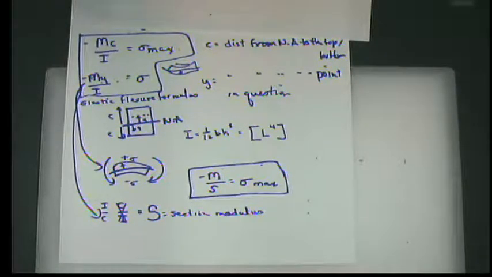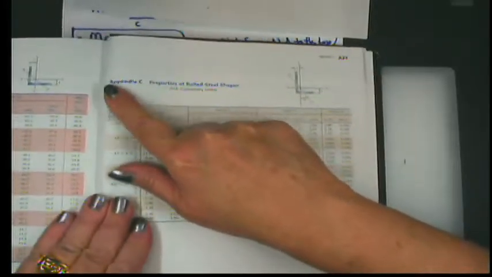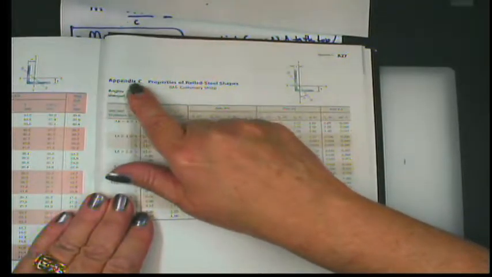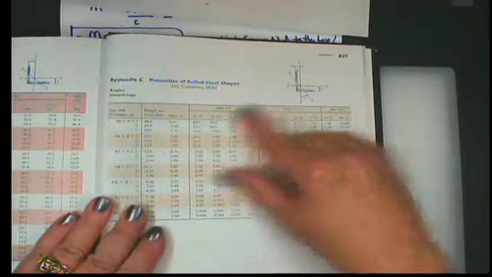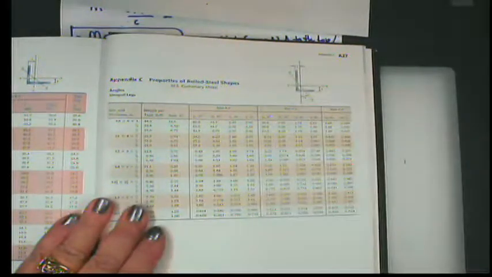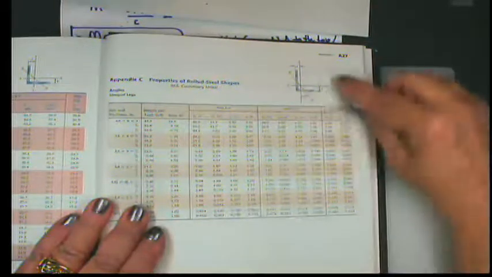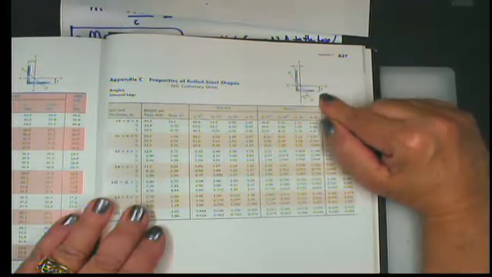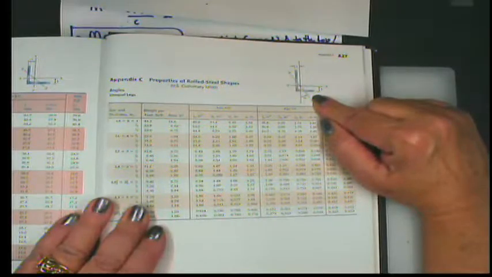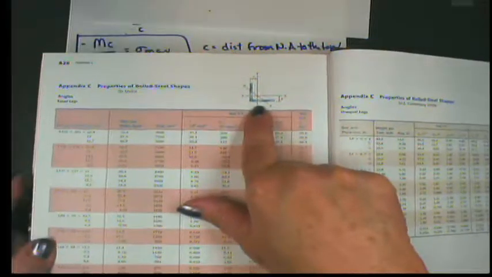All right, and then I wanted to show you some of the tables in the back of the book again. As you see, this is Appendix C. This is not one that we would use particularly, but this is a specific type of rolled steel shape in U.S. customary units. This is called an angle of unequal legs. If you look at Appendix C, the first page, this is an angle of equal leg.